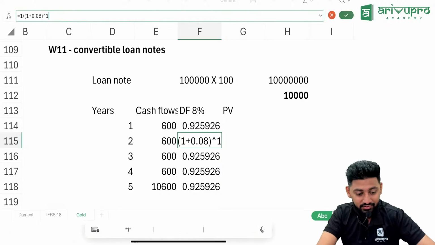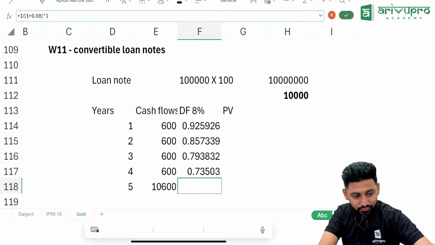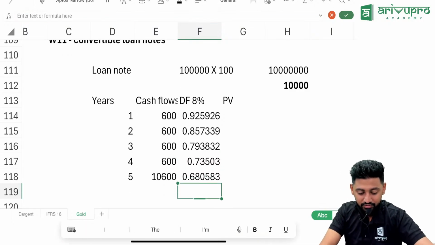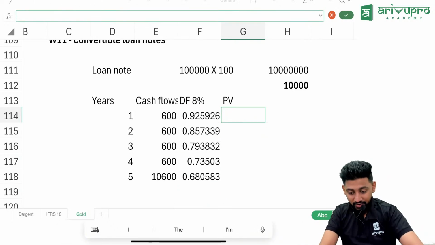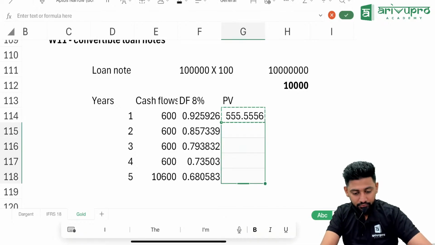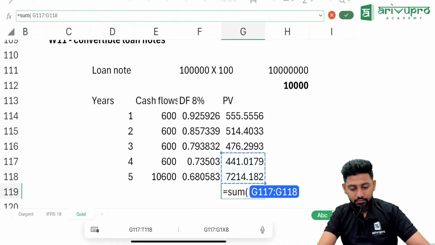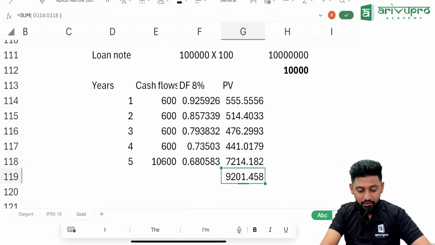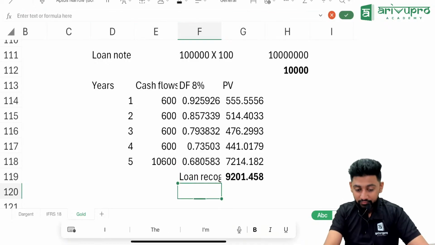Don't worry. 2, 3, 4, 5. Are you clear? Now you take the present value. I know you can use the annuity factor, but let's do this. No problem. What's your total? Your total will be recognition value 9,201. This is your loan recognition value.